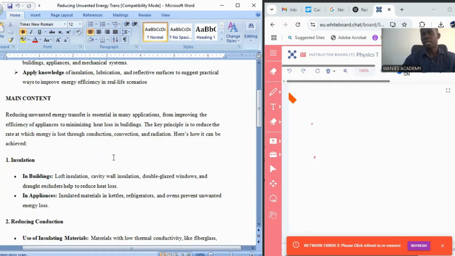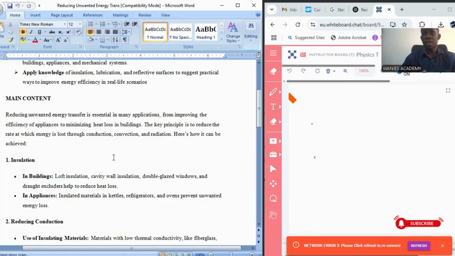Now, in our building, when we prevent the exchange of heat energy, that is insulation. A material that prevents the flow of heat or electric charge is called an insulator. And so when a building is packaged in a way that the heat loss is minimized, then we say the building has been insulated.